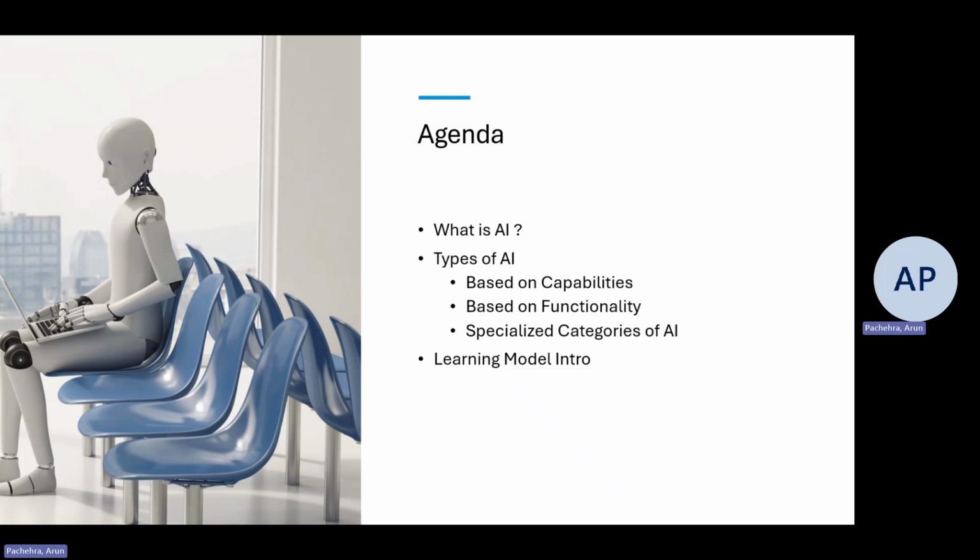Anyway, the point is AI systems are designed to handle tasks that would typically require human intelligence, including but not limited to recognition, like image, voice, or pattern, understanding natural language, decision making, and translation between languages. You're already seeing these types of intelligence around you, right?